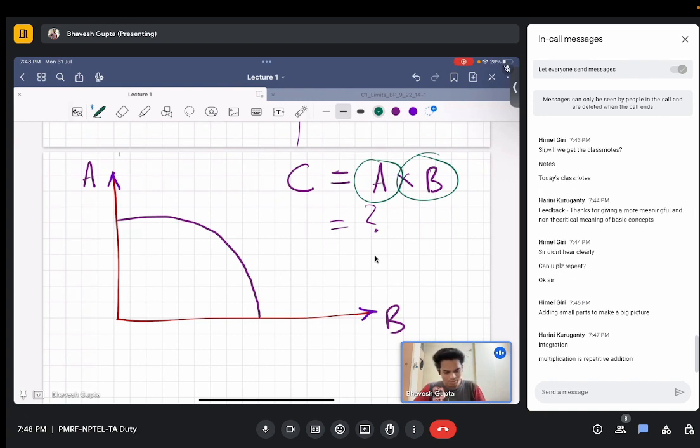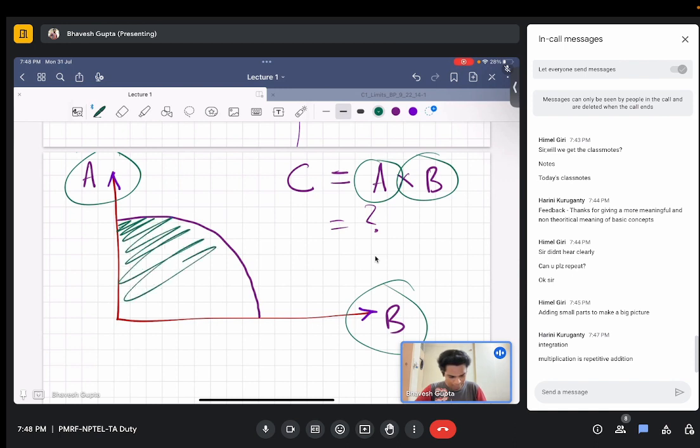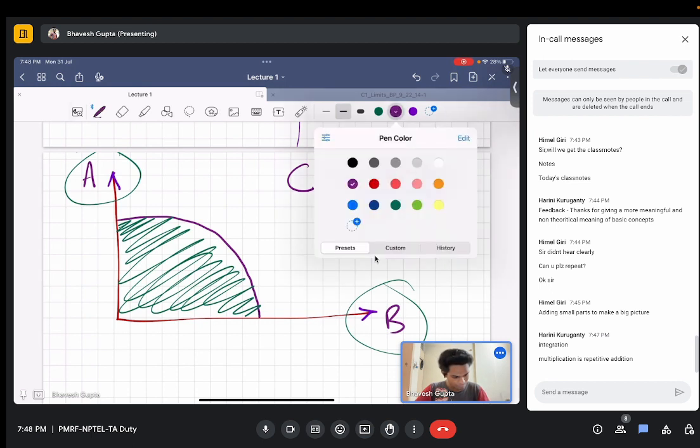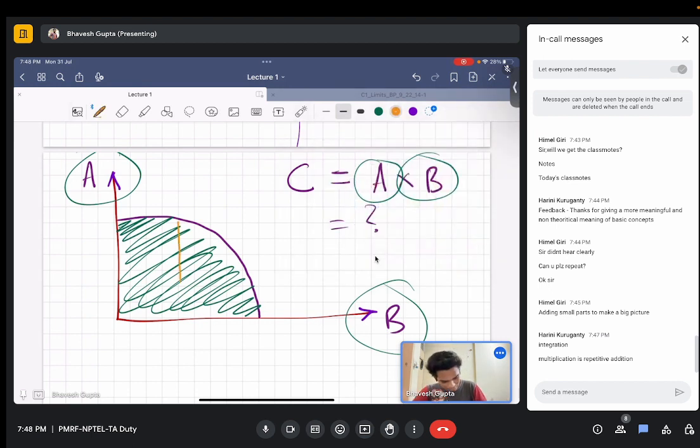Because on the y-axis you have A, on the x-axis you have B. Whenever you calculate area, you calculate this, and it can be calculated easily by adding these small rectangles, in order to get the full complete area.